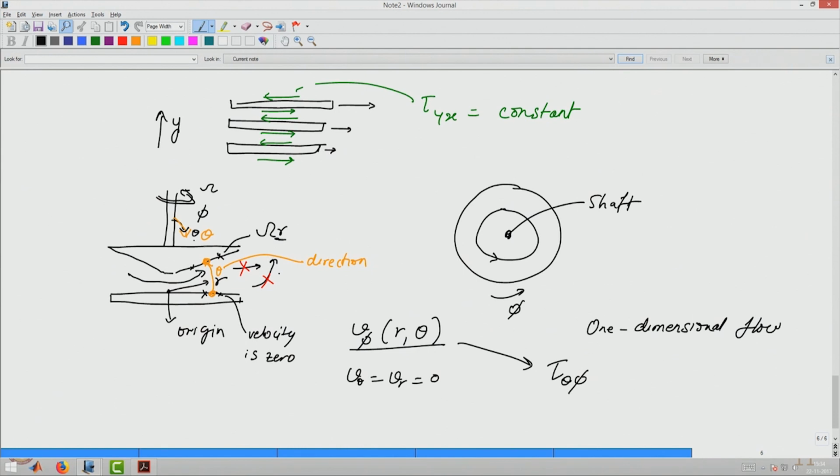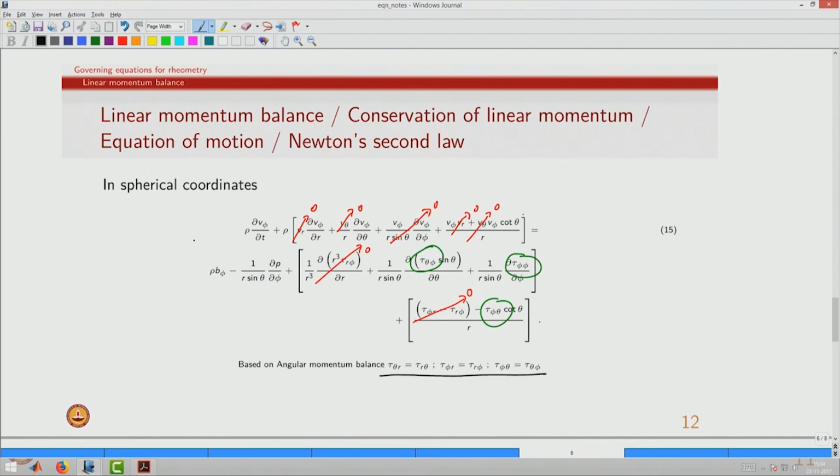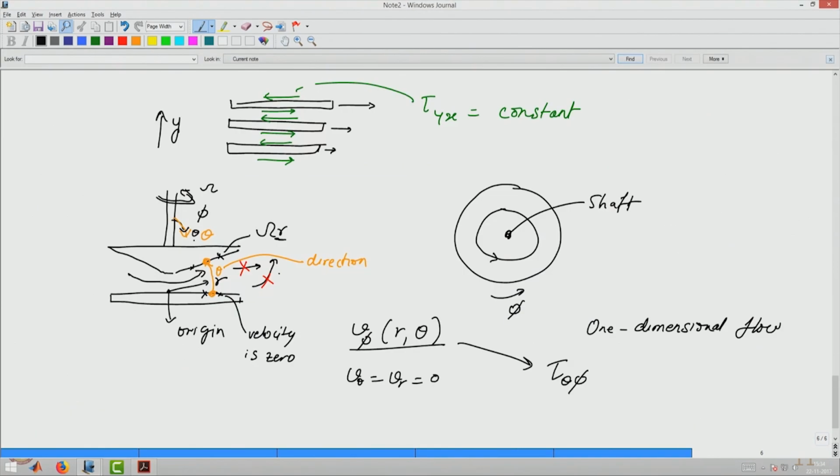Now, given that the cone and plate is a creeping flow, we can again ignore the influence of gravity and pressure gradient. So, in that case we can say that the pressure gradient is not significant. Similarly, gravity also is not playing a role, and these effects can be ignored.